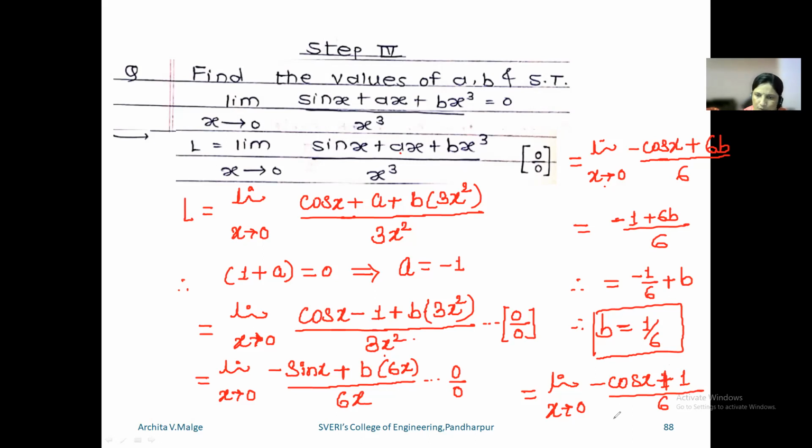Put x equal to 0. By putting x equal to 0, minus cos 0 plus 1, it will be 0. But here the value of a is equal to minus 1 and b is equal to 1 upon 6.